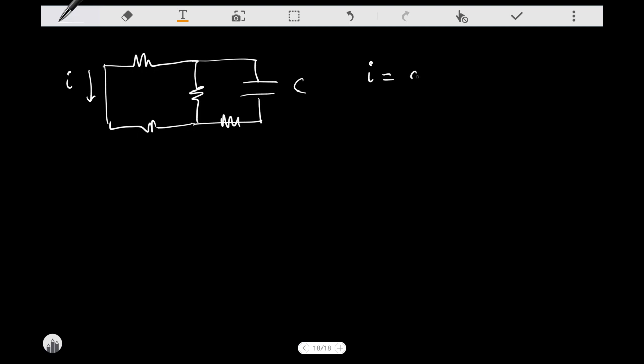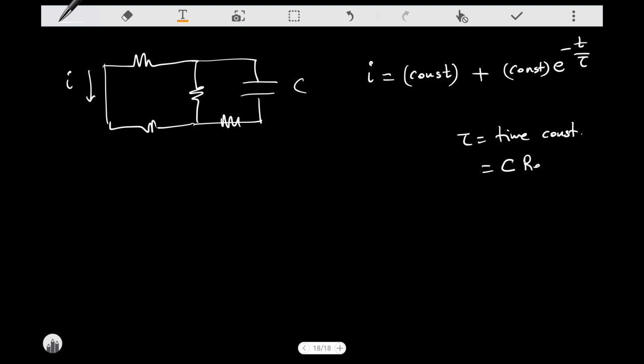Usually what happens is that this expression is a constant plus another constant multiplied with e to the minus t over tau. Tau is the time constant. You need to find this time constant, of course, in this complicated circuit, but it's usually the capacitance multiplied with the equivalent resistance that the capacitance sees, essentially. You can think of it like that.